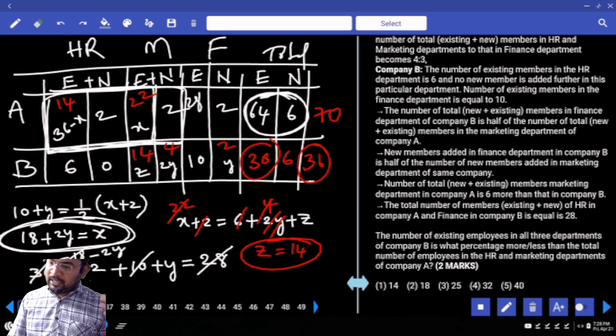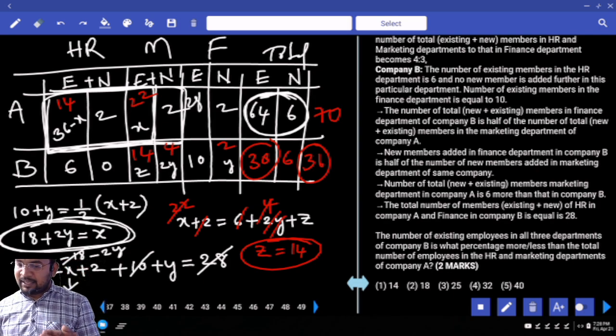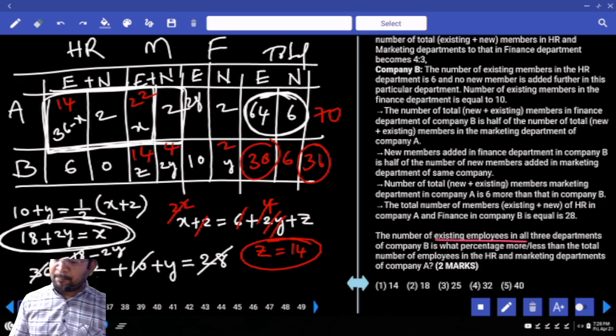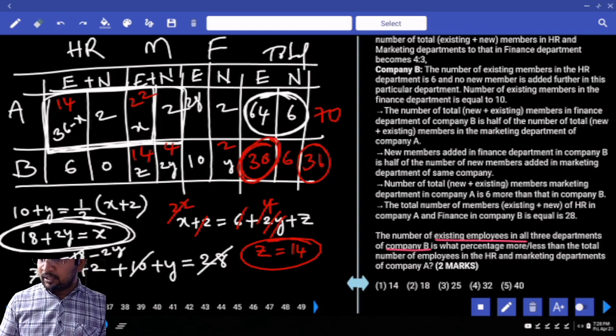Next, the number of existing employees in all the 3 departments of company B is what percentage more or less than the total number of employees in HR and marketing departments of company A. Company B, all the departments' existing employees are 30.